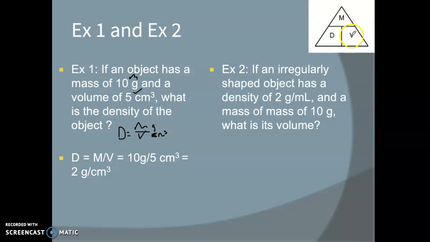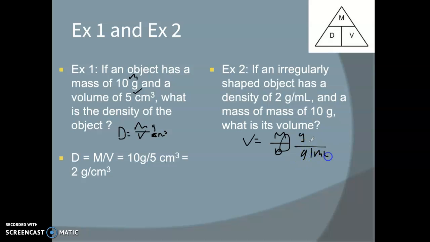So here I'm solving for volume. So the equation is volume equals covered up mass divided by density, and that's just gotten by rearranging. Density should be on the bottom here. Notice that mass is measured in grams, and this is over grams per milliliter.